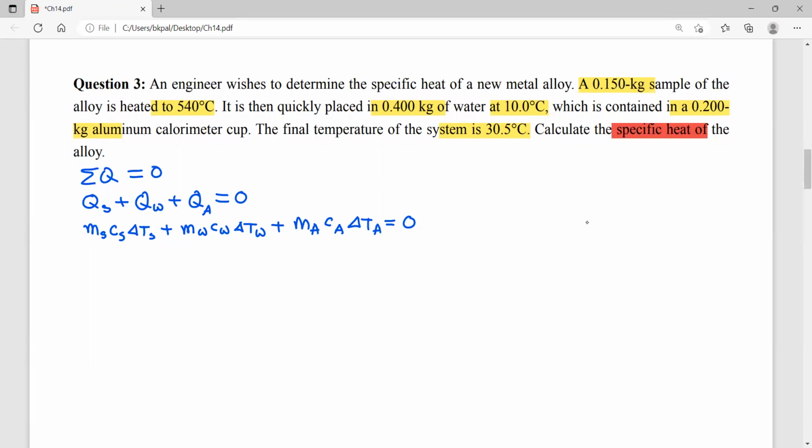We have to basically calculate c_s. So let me solve it for c_s and then plug in the values.